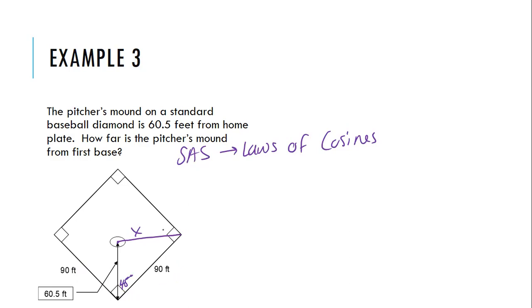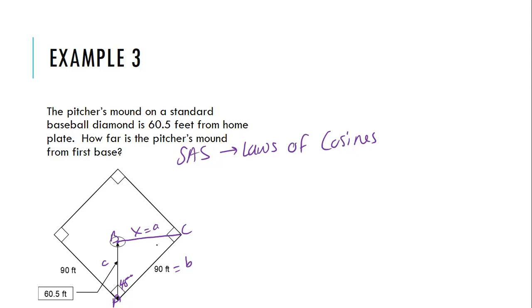I'm going to label what I have. I'm just going to go A, B, C. We're going to let this be A, this be C, and this be B. So I'm looking for side A. When I set up law of cosines, there's a couple ways you can write it.